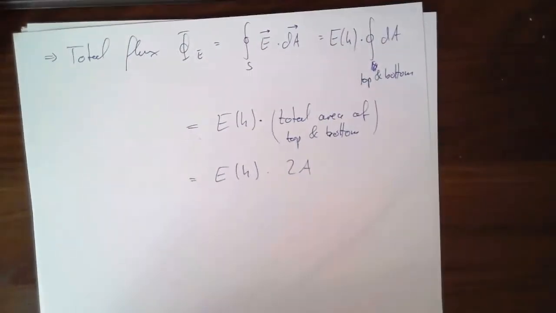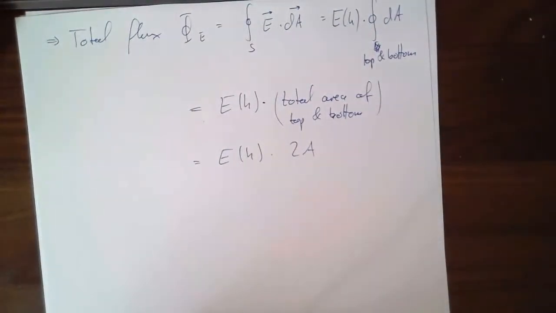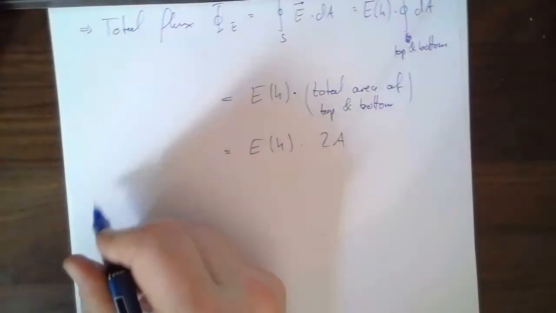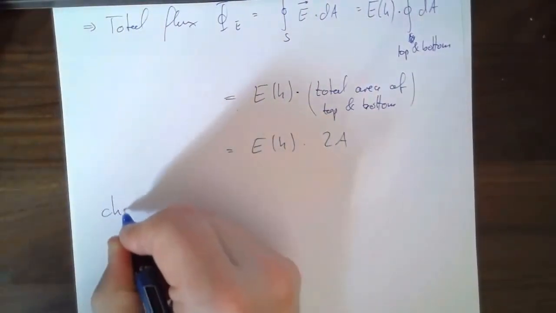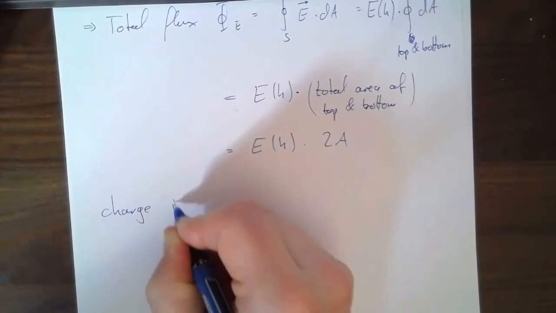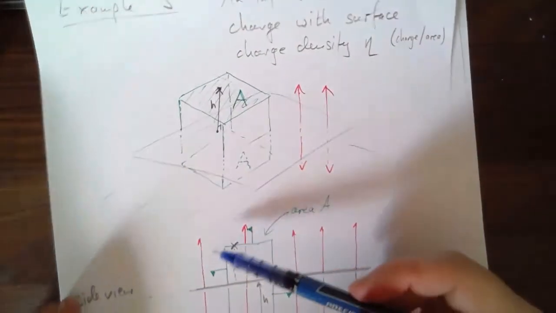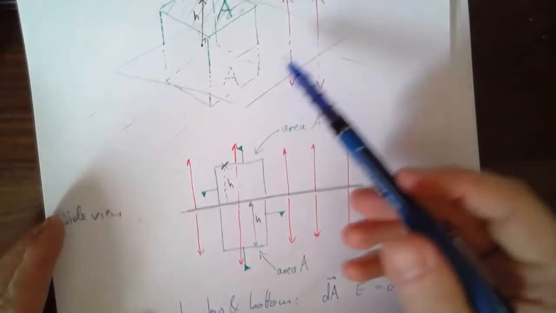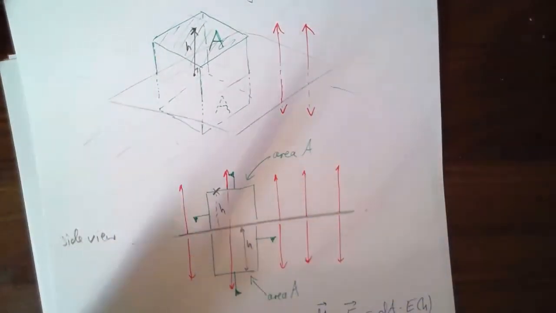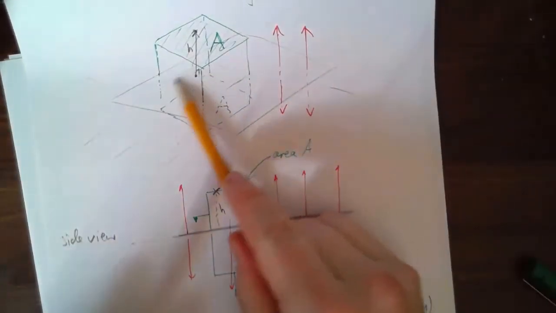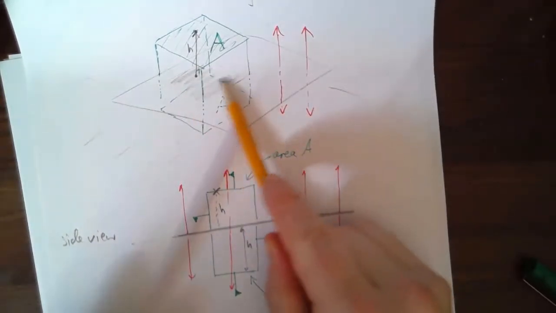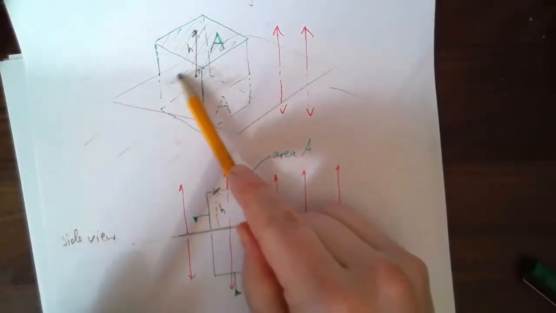Okay, done, right? This is step 3. We figured out the total flux. Now we need the charge inside. Well, let's look at our box. It has vertical sides, right? So the area inside, let's see if I can color this a bit on here. This area here is the area that's inside our box.